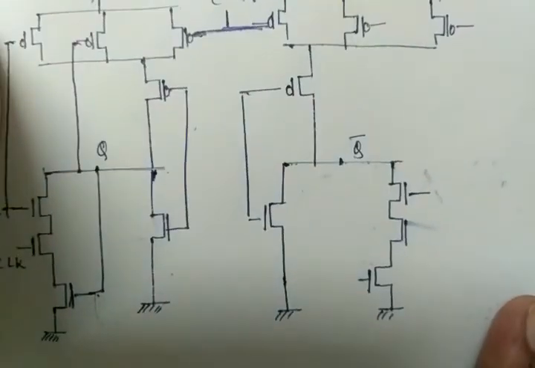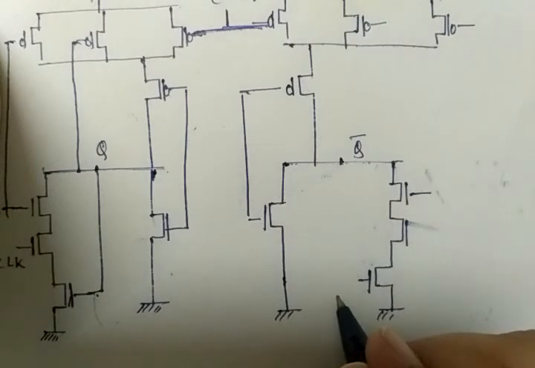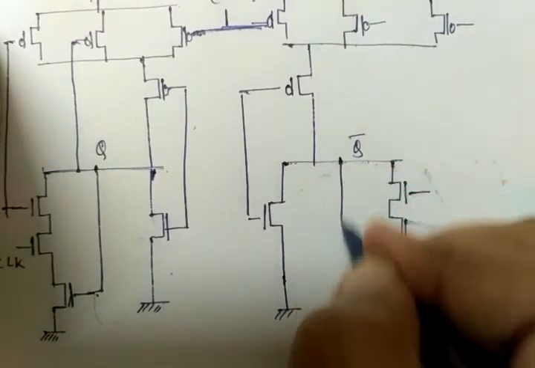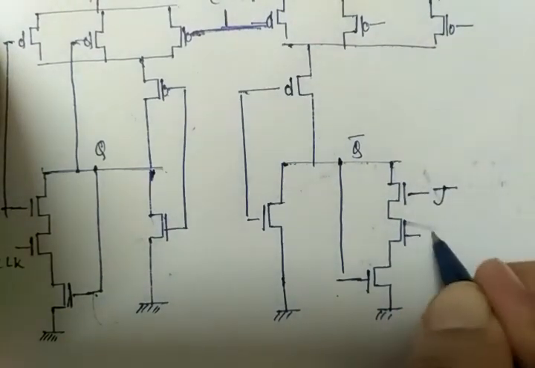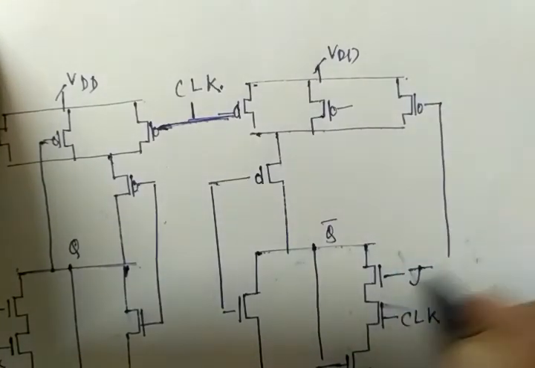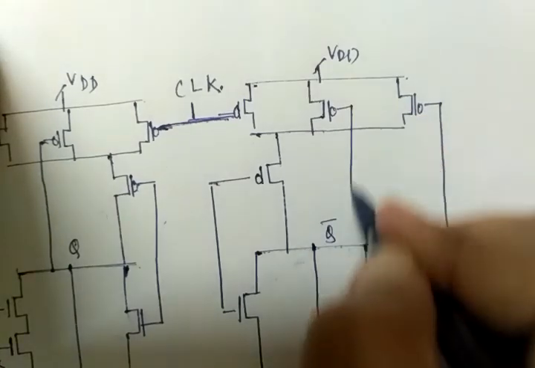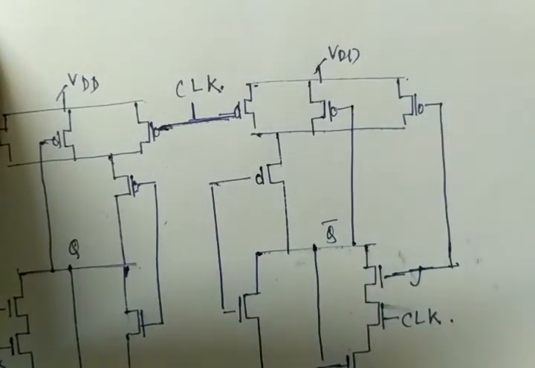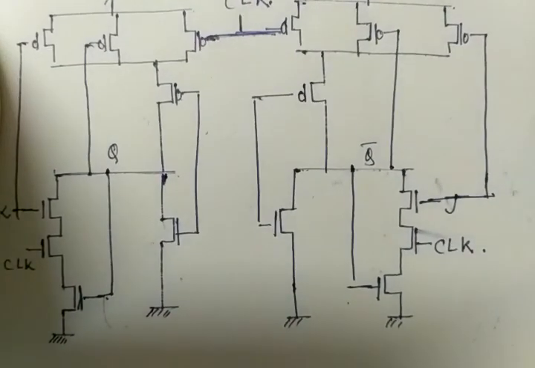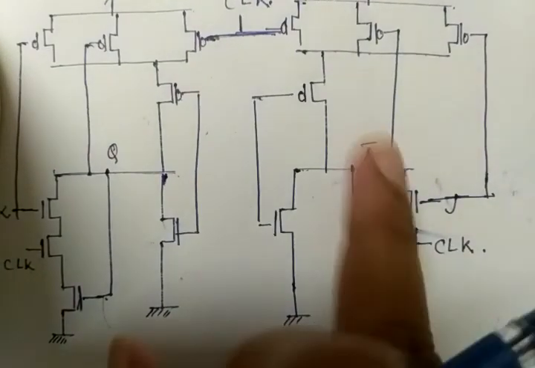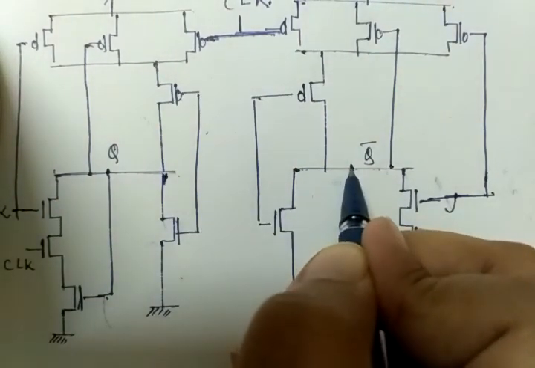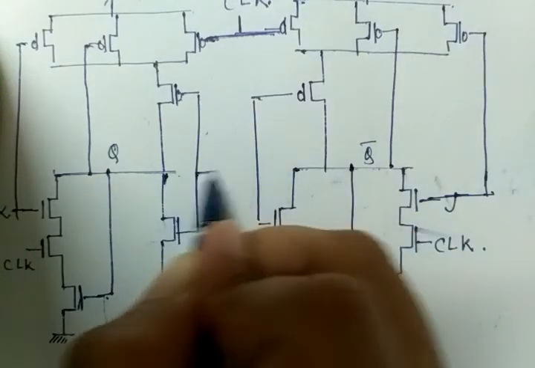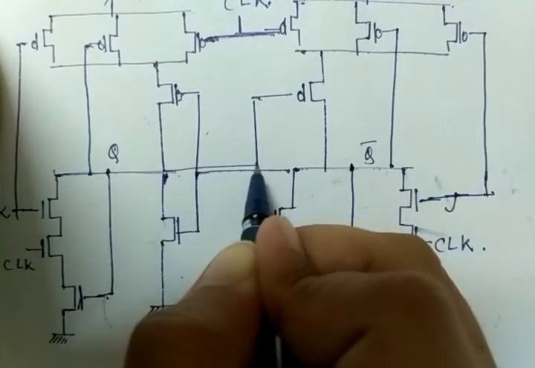Here this is your Q bar, this is your J, and this is your clock. J will also be given to this section, and this portion is coming to Q bar. So Q bar is connected to this portion and this portion, and this Q bar will also be connected to this part and Q will be connected to this part. This Q bar section is connected to this part and this section is connected to this part.